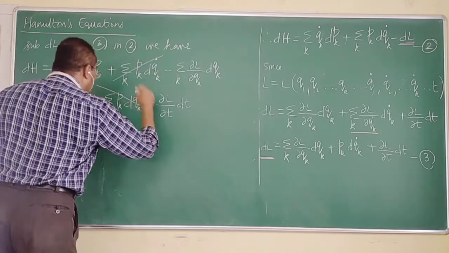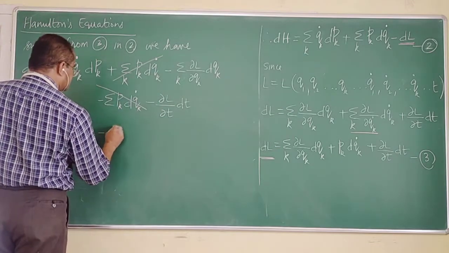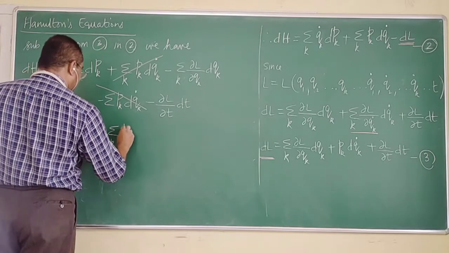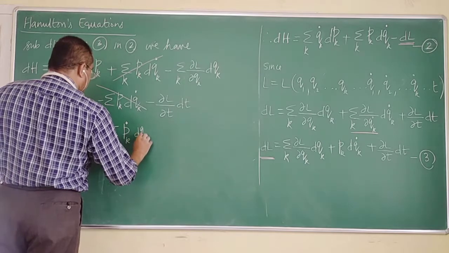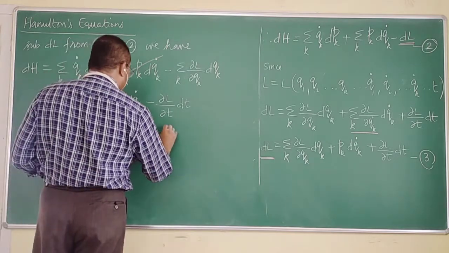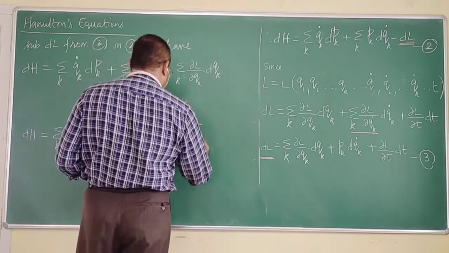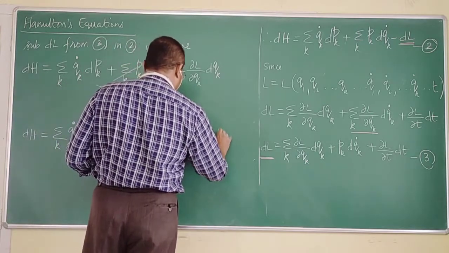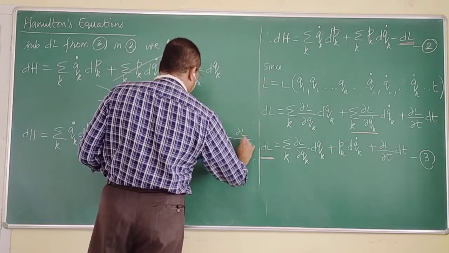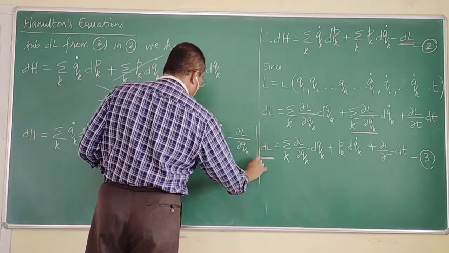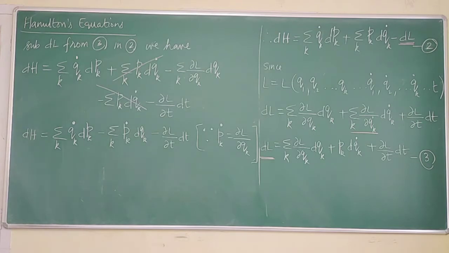These two will vanish. Now, what I do is sigma k p dot k into dq_k minus ∂L/∂t into dt. If you ask me how, I will write since p dot k is equal to ∂L/∂q_k. Is that clear, sir?